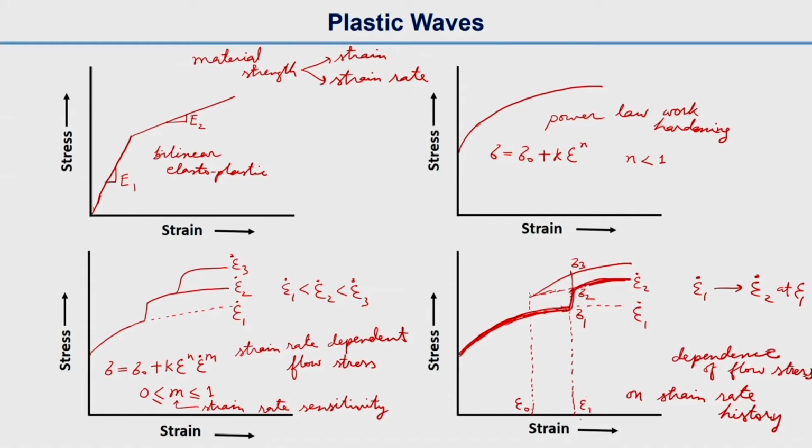In the second case we changed the strain rate from epsilon dot 1 to epsilon dot 2 at a lower strain epsilon naught. So, what happens in this case, the stress curve will go up in this portion and it will not follow the same slope as this. So, it will have a higher slope. That means the work hardening is higher.